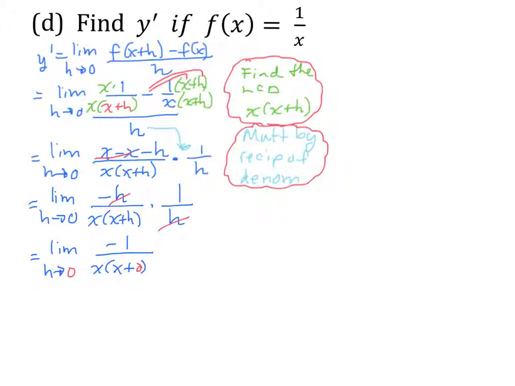And that means that y prime is equal to what? Negative 1 over x squared. So that is the general equation form for the slope of any tangent line to that curve.